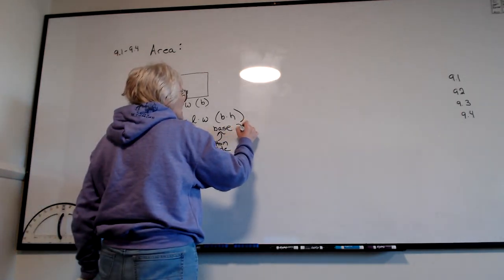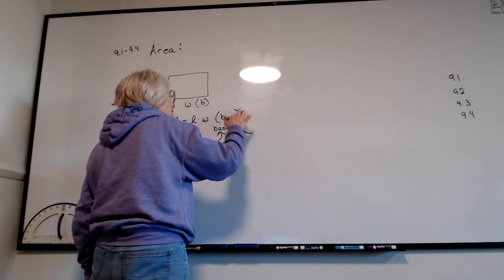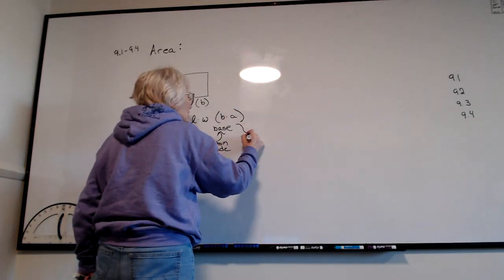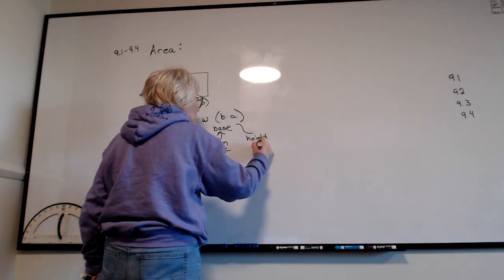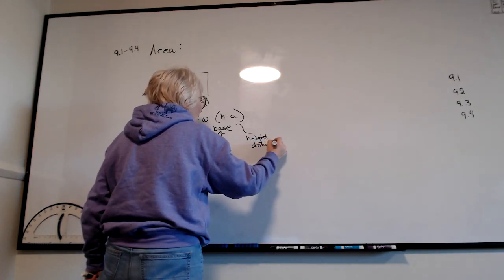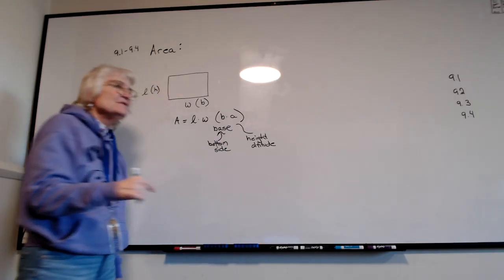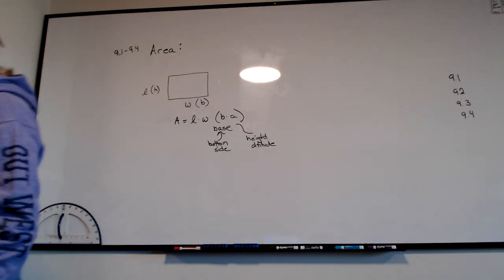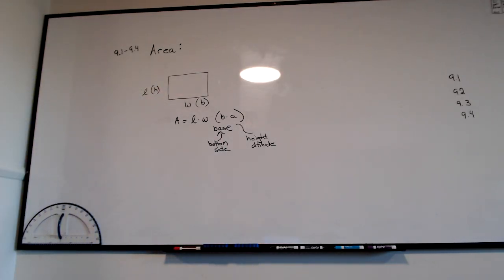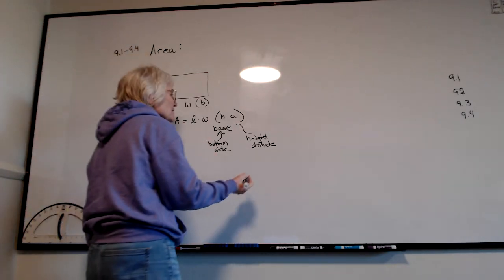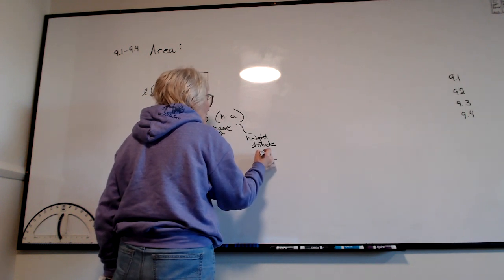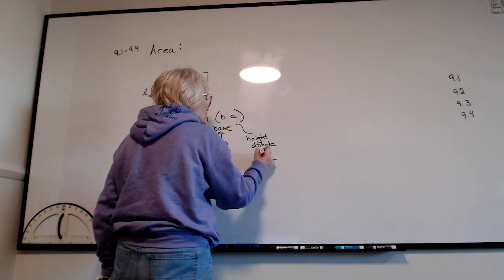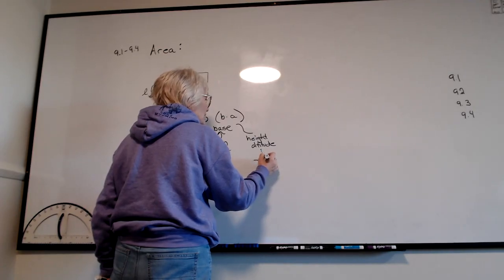The height, or sometimes they don't call it height, they call it altitude. It's the height or the altitude. The reason that's important is that when we measure heights or altitudes, we have to make it a 90-degree angle. So from the bottom, the base, how far does it go up, straight up at a 90-degree angle.